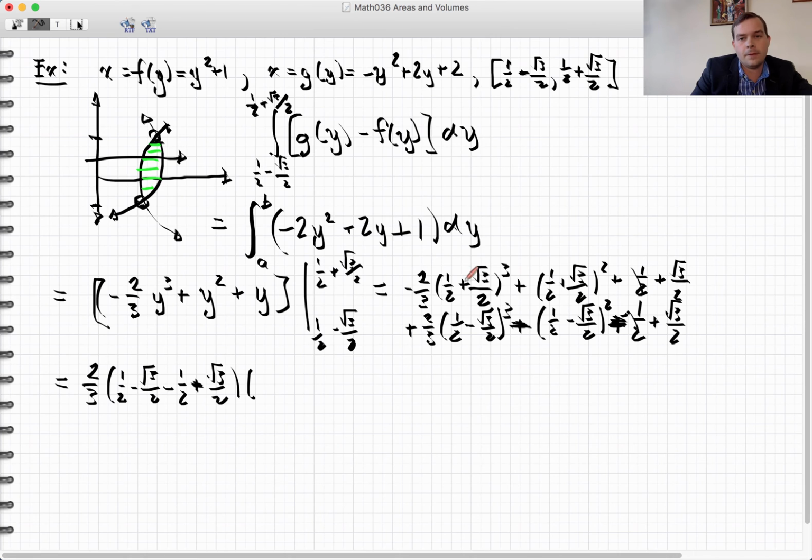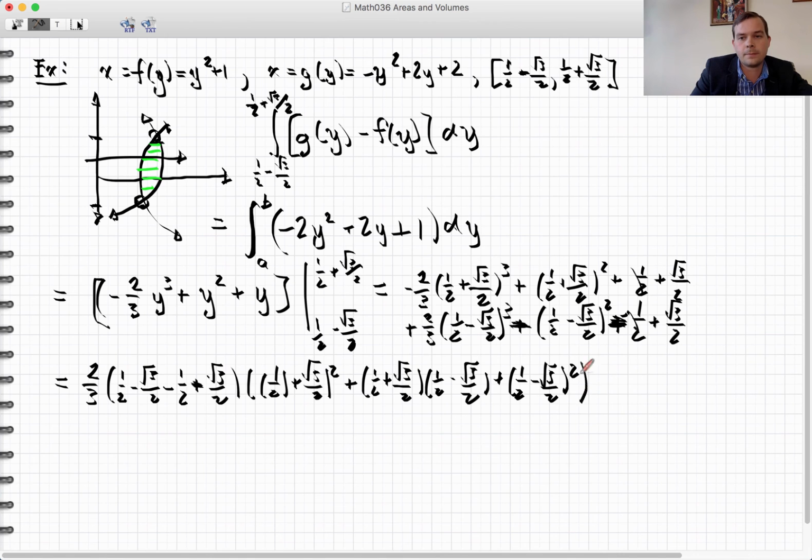And then I have a squared plus ab plus b squared for the inner term, so I'm going to have 1/2 plus square root 3 over 2 all squared plus 1/2 plus square root 3 over 2 times 1/2 minus square root 3 over 2 plus 1/2 minus square root 3 over 2 squared.